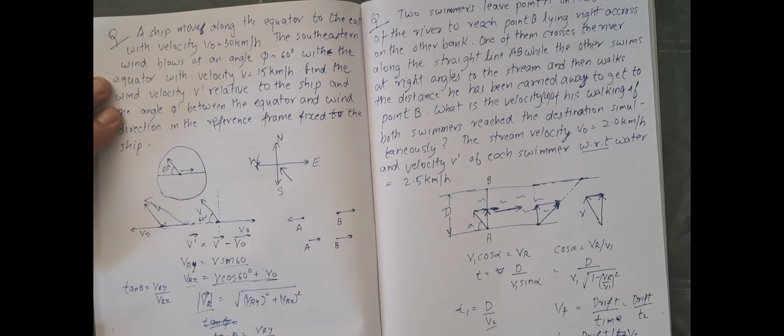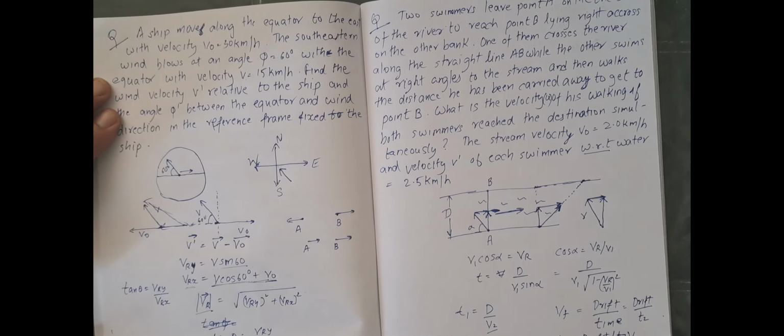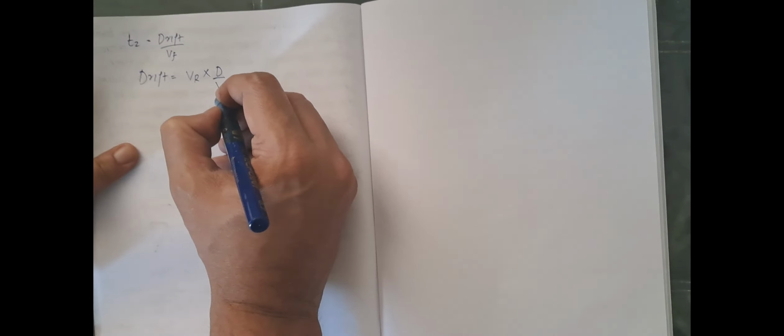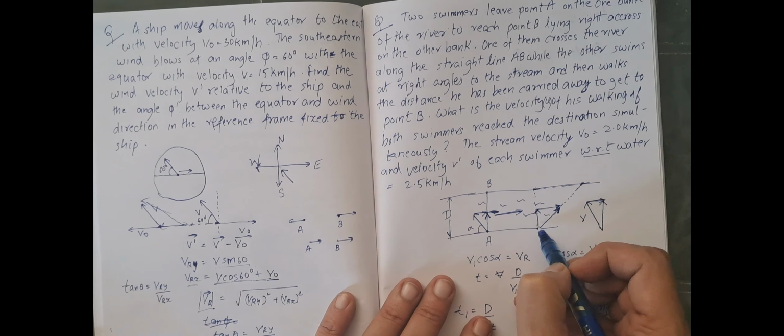Drift will be Vr into d by v2. Why d by v2? D by v2 is the time taken by the swimmer to reach from here to here.